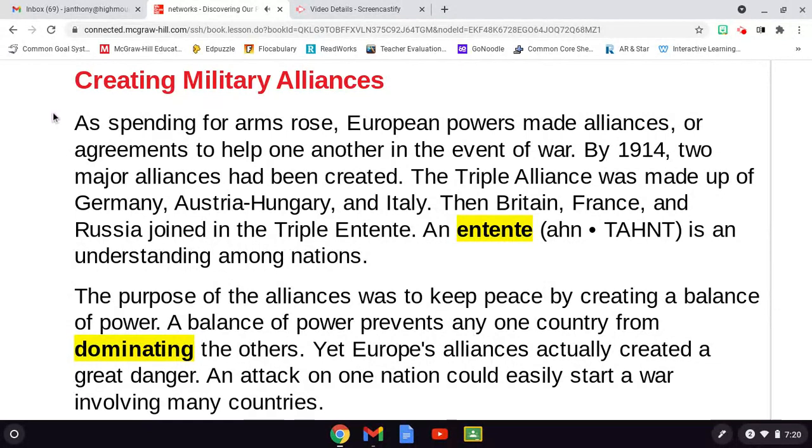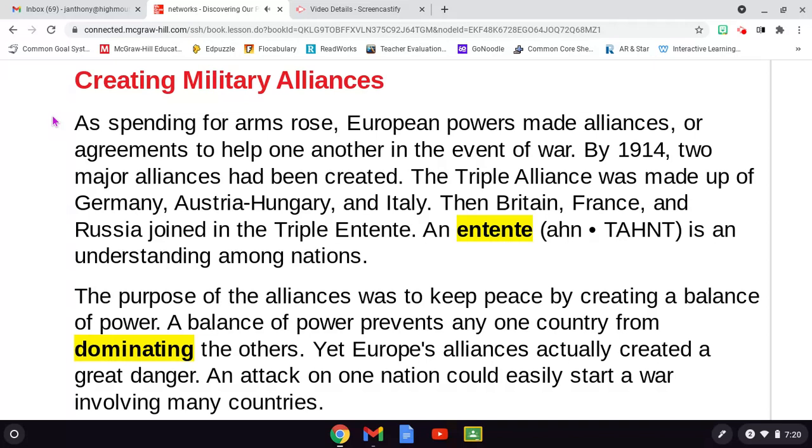Creating military alliances. As spending for arms rose, European powers made alliances, or agreements to help one another in the event of war. By 1914, two major alliances had been created. The Triple Alliance was made up of Germany, Austria-Hungary, and Italy. Then Britain, France, and Russia joined in the Triple Entente.